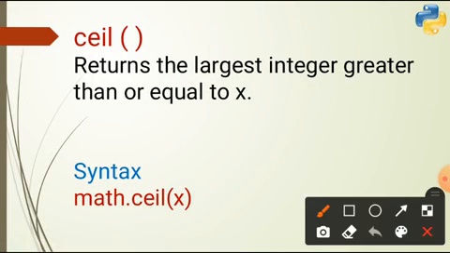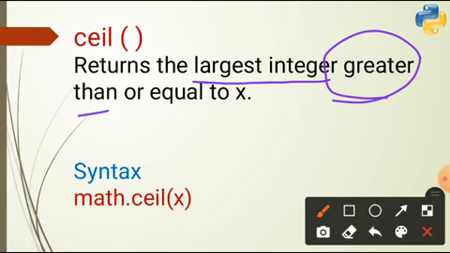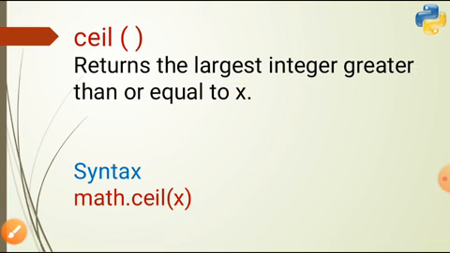Ceil returns the smallest integer but greater than. Kindly notice that, this returns the smallest integer greater than or equal to x. And the syntax, as with the floor function, here also we have to include the keyword math dot ceil and we have to pass the parameter here.